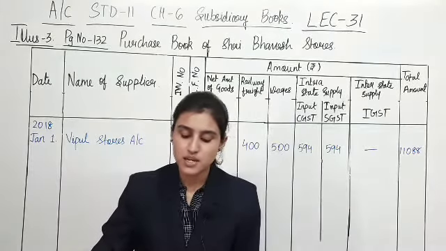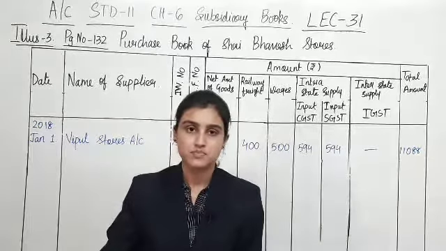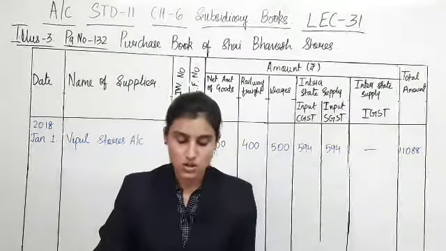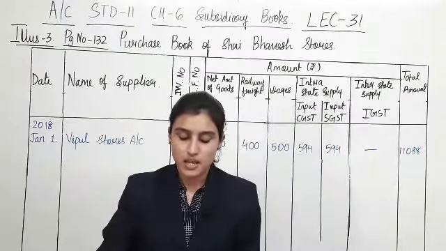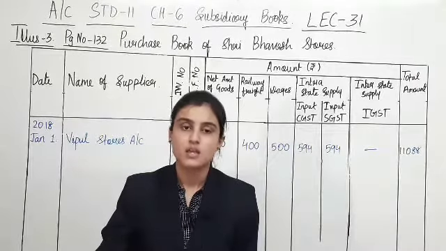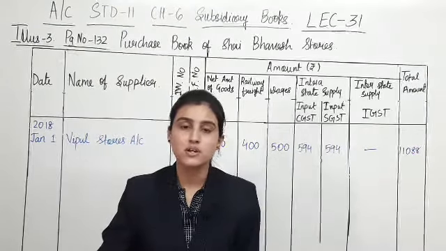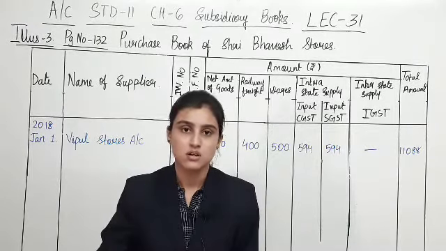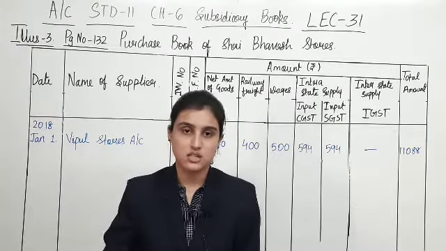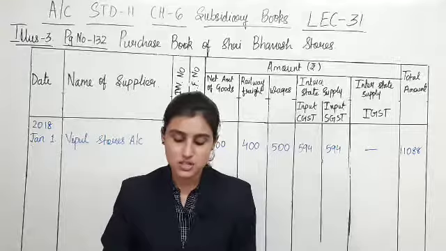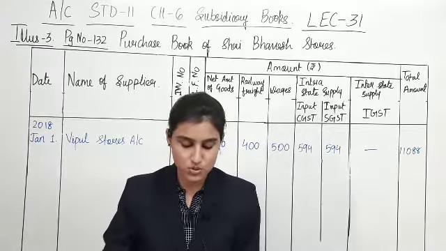Total amount is paid in cash immediately. So, if the amount is paid in cash immediately, that transaction cannot be recorded in subsidiary books, because it is a cash transaction. Cash transactions are not recorded in subsidiary books of goods.